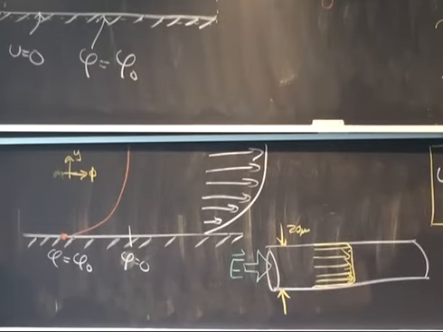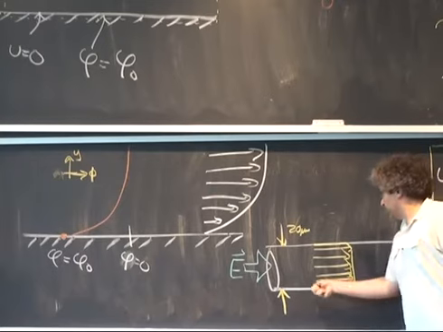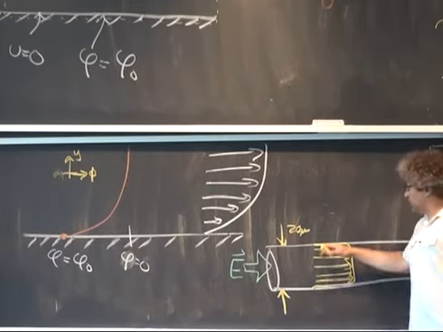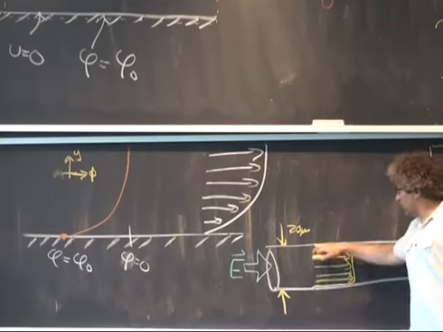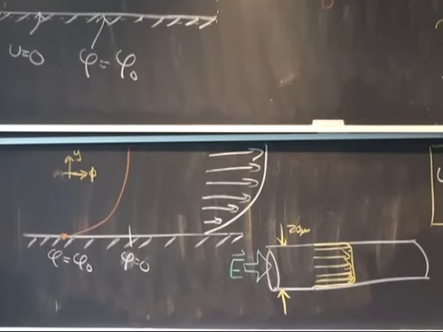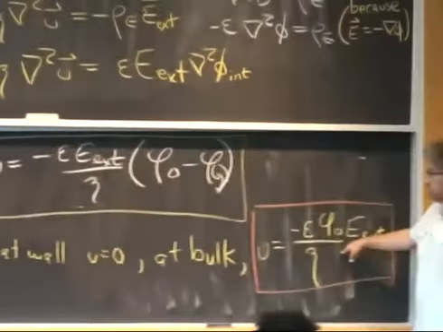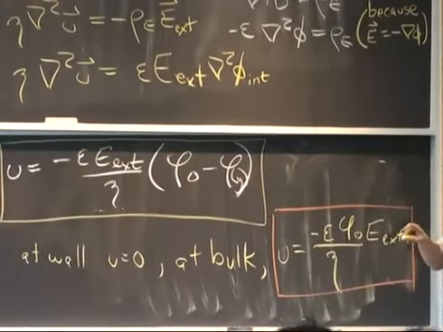It will satisfy the no-slip condition at the wall, right here. But as we move away from the wall, it will accelerate to this bulk velocity, given by this expression, over this very short distance.